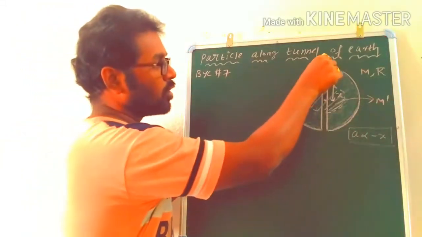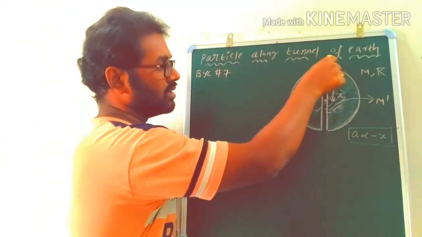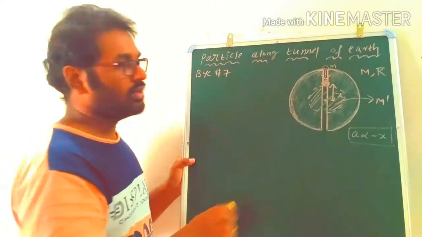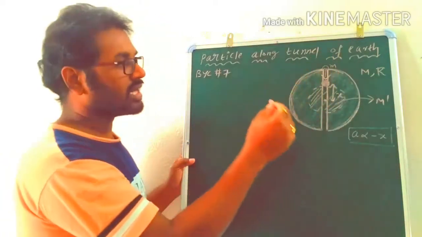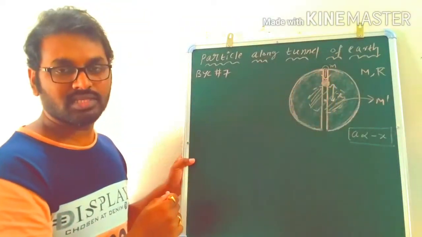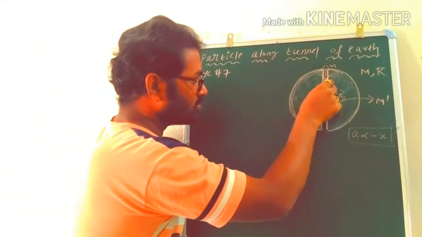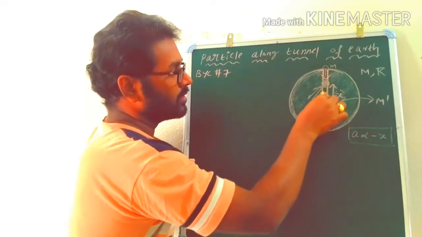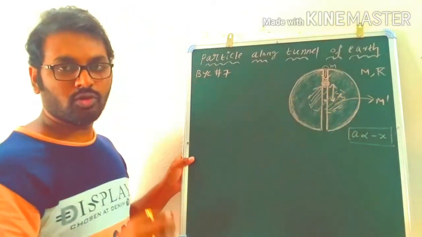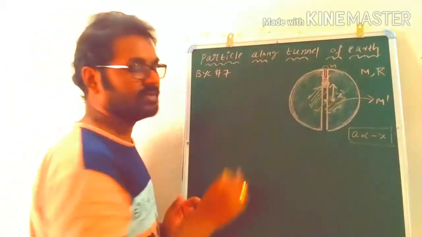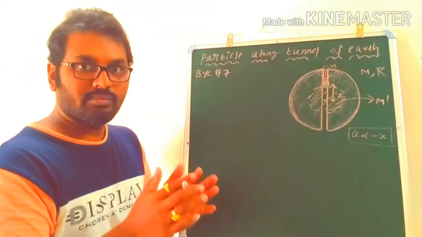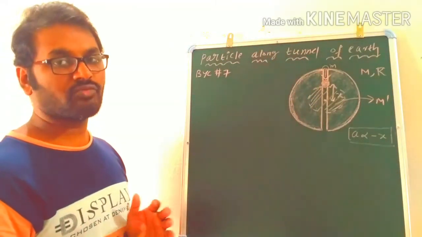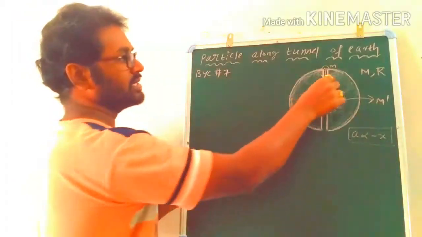If the object is on the surface of the Earth, the entire mass of the Earth would attract this object. Here, the same mass is taken just inside a radial distance of x from the center. So this much is the volume of radius x, and this much mass of the Earth will attract this object, and we need to find the force of attraction at this point.